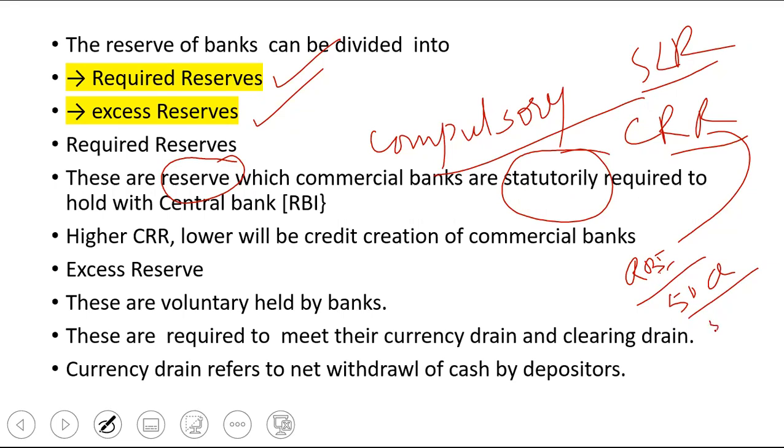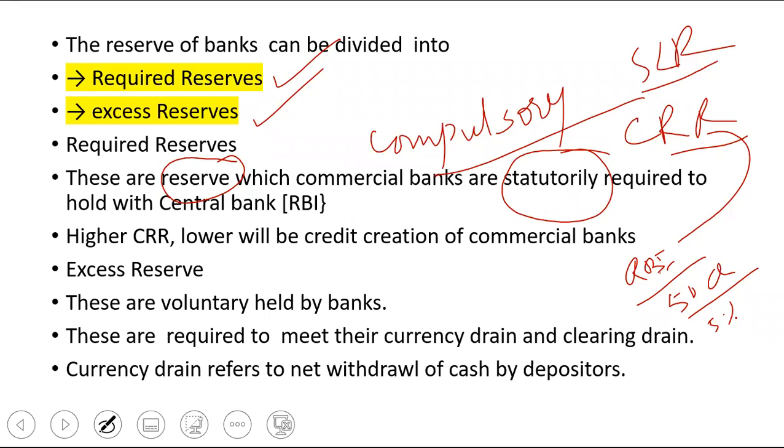Suppose that CRR is 5%. What is the meaning? When CRR is 5%, 50 into 5, that is 2.5 crore, Canara Bank has to keep with itself, or it has to be kept with RBI as they decide. The remaining 47.5 can be distributed or used for loans.